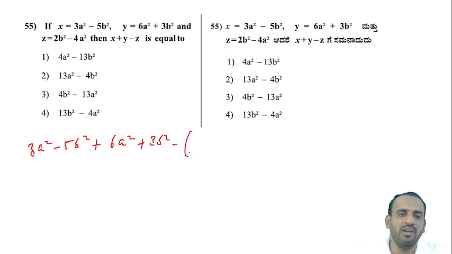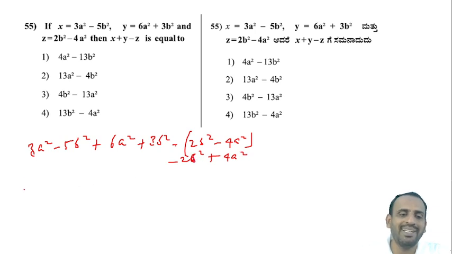So minus of 2b square minus 4a square. Okay. So let us multiply this first. This will become minus into plus, minus 2b square. This will be minus into minus, plus 4a square.